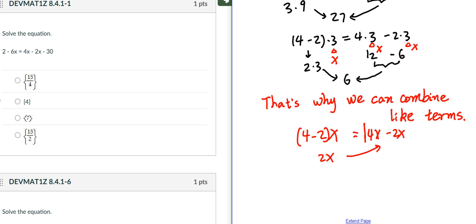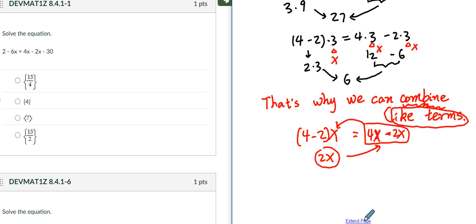From this side to this side, we eventually end up with 2x, and we call this combining like terms. When you see 4x minus 2x, you just do 4 minus 2 and then put x behind the 2.